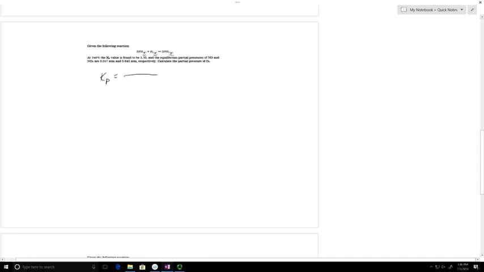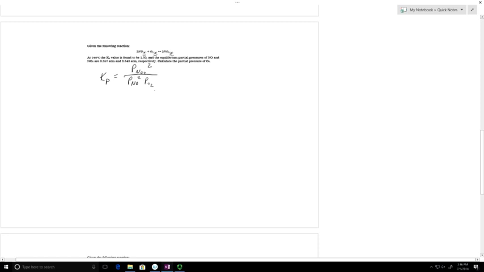So in this case, the products are the partial pressure of NO2 squared over the partial pressure of nitrous oxide squared times the partial pressure of oxygen.